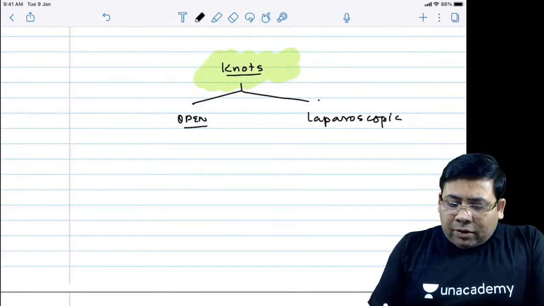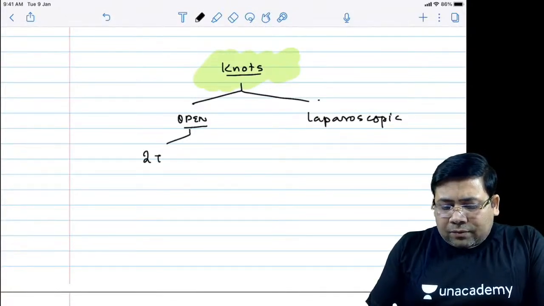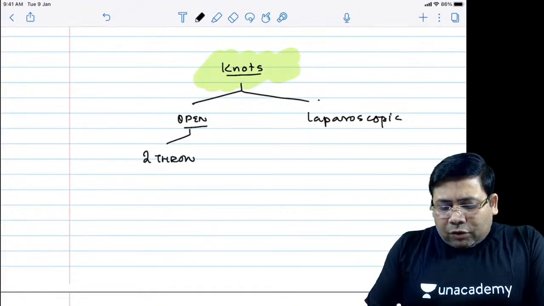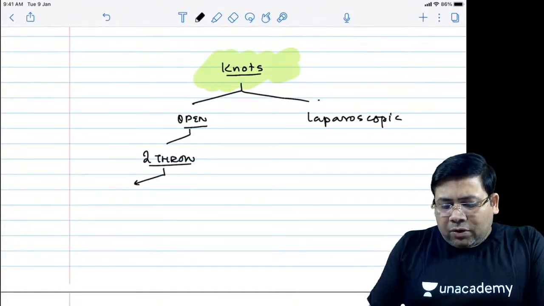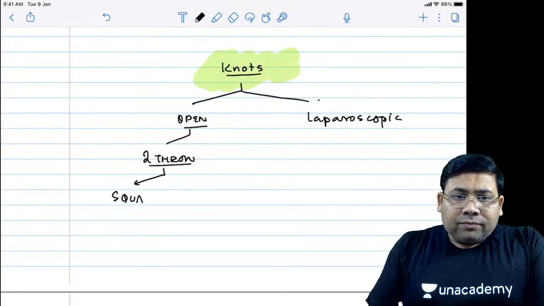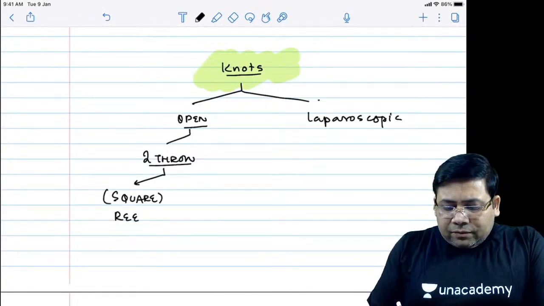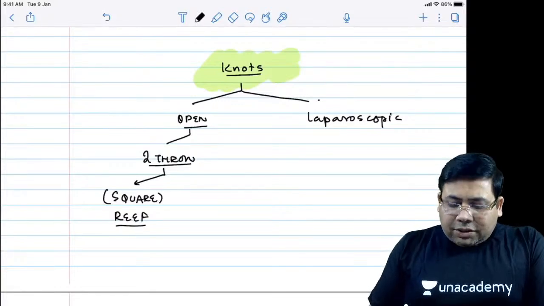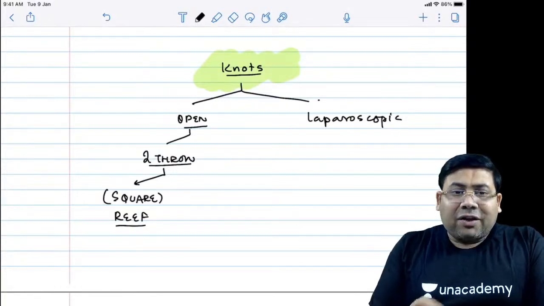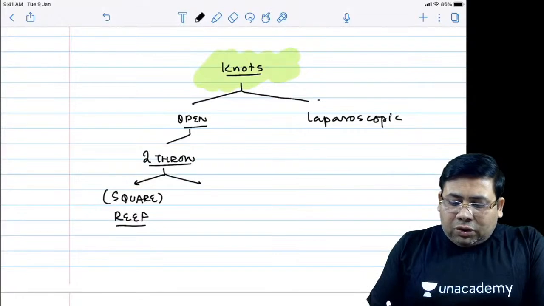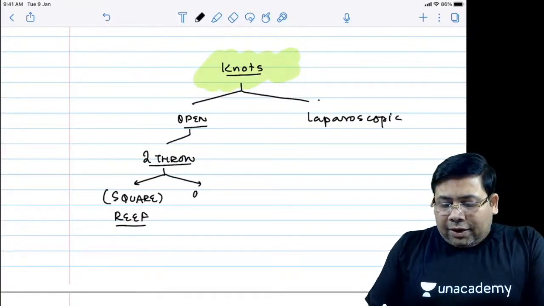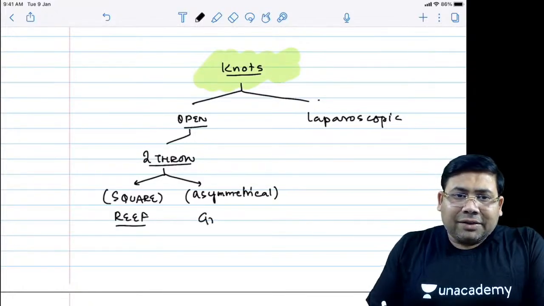So open, we have two throw knots. What are two throw knots? Two throw square knot. And this is also known as reef. This is reef. They are symmetrically crossed knots. And two throw asymmetrically crossed knot. Asymmetrical knot. And this is what is known as Granny's.